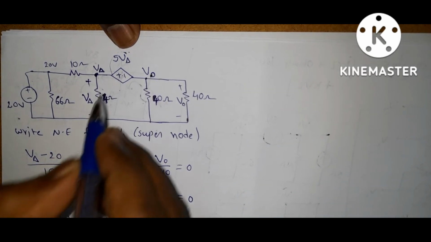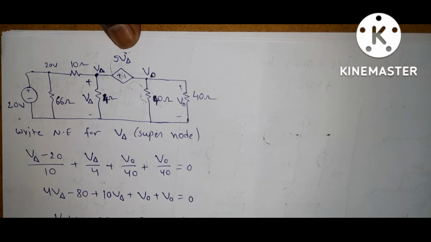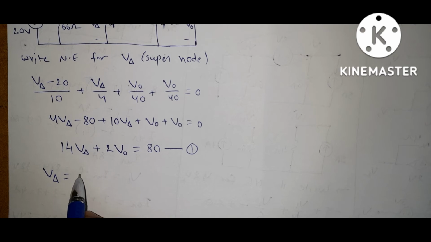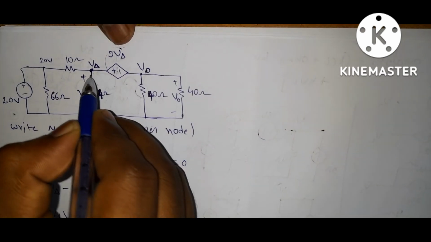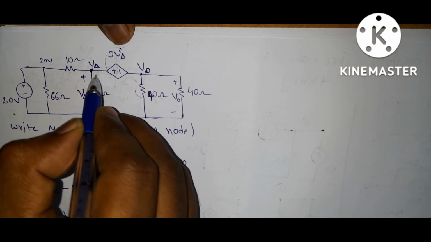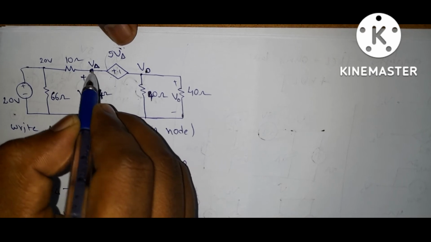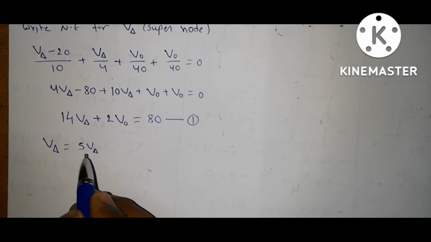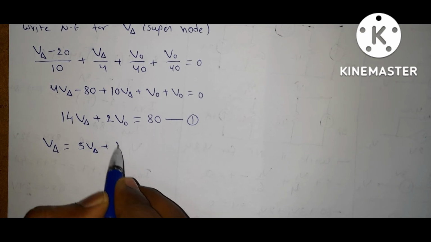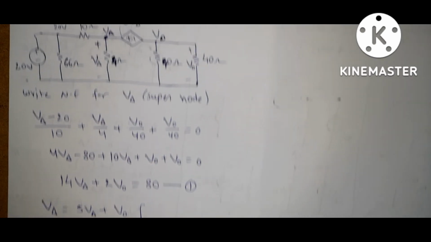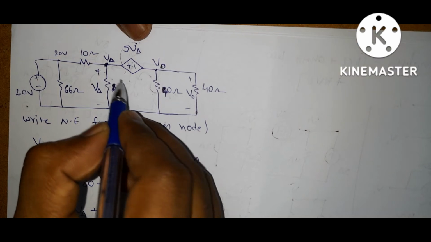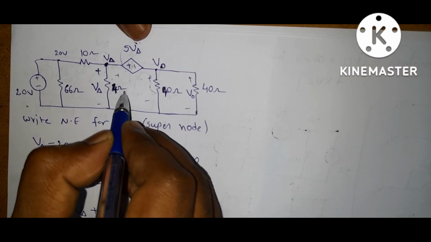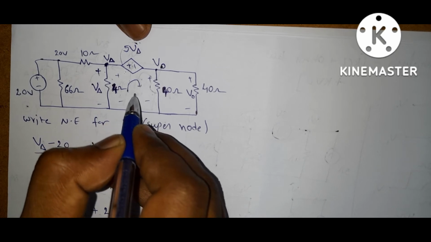So if you apply KVL, so it is plus V delta is equal to, here it is, so this plus and plus are connected in same node, so it is 5V delta plus V0. Or you can write, consider this is the closed circuit, so here let it be current in this direction.